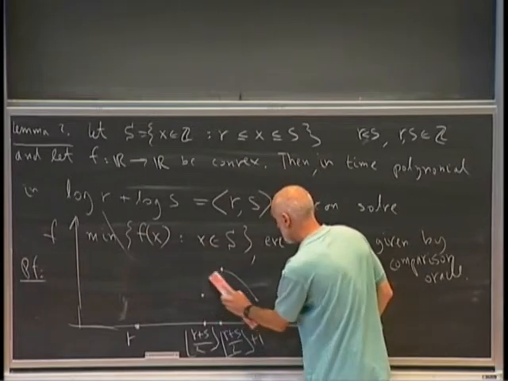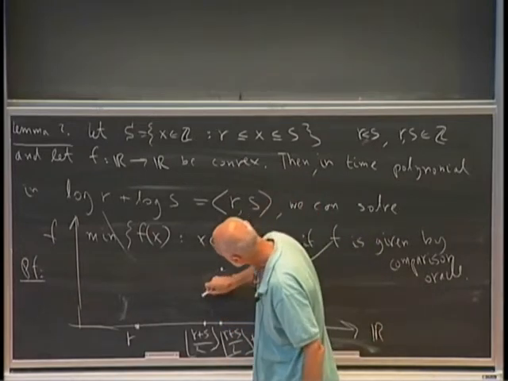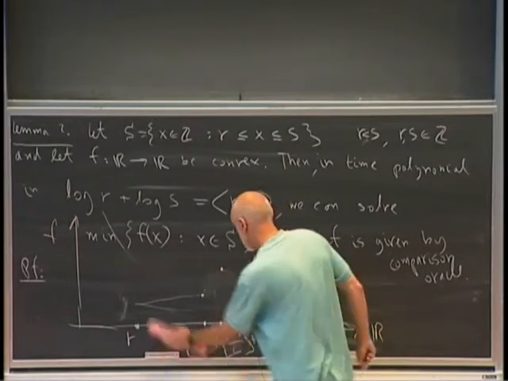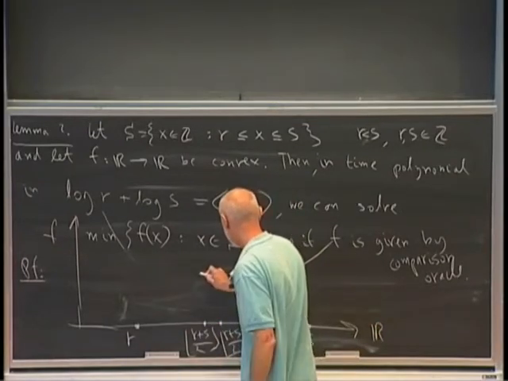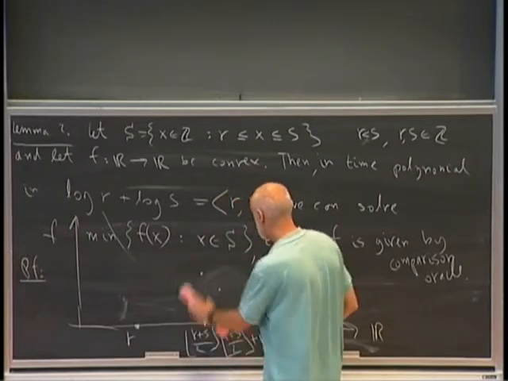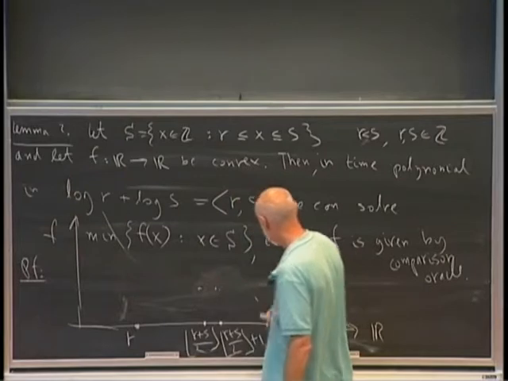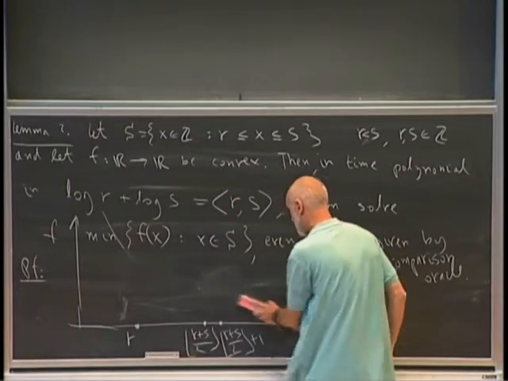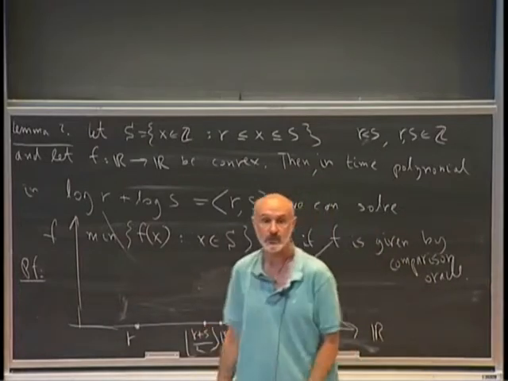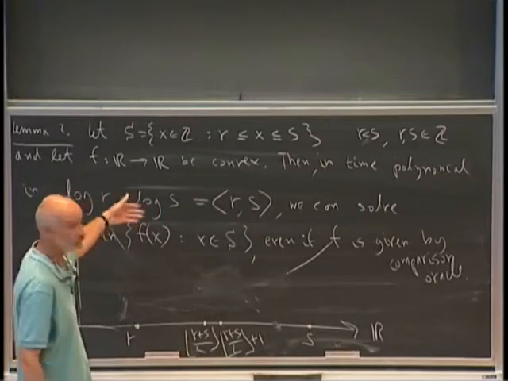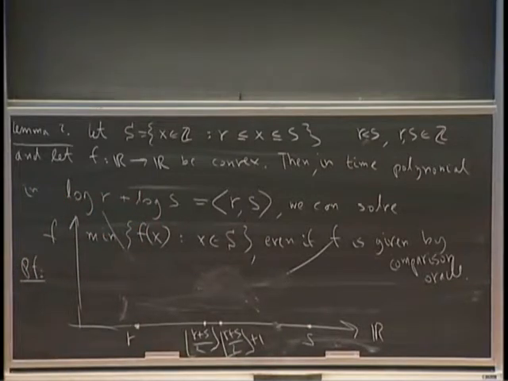So the minimum must be at an integer point in this half interval. If I get the opposite answer, similarly, it cannot be here, so it must be here. And if they are the same, again it cannot be here, because that again contradicts convexity. So a single query splits the interval into two, and I can then look at a half interval. This is called binary search, and this leads to this logarithmic solution for the univariate problem.